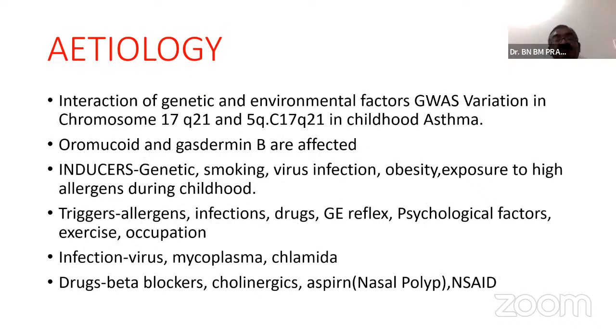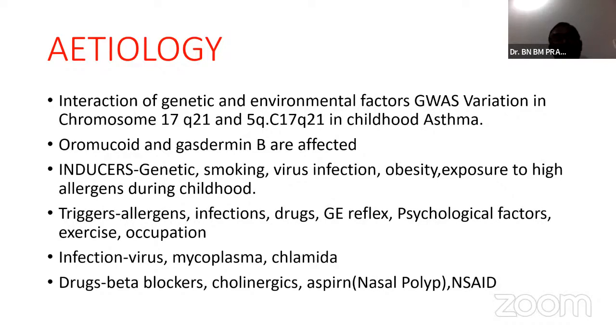As I told you, it's a heterogeneous condition. There's an interaction of genetic and environmental factors, and various genetic studies have shown that there is involvement of chromosome 17q21 and 5q in childhood asthma. And then it is a multifactorial disease where there are genetic, environmental, and social factors.